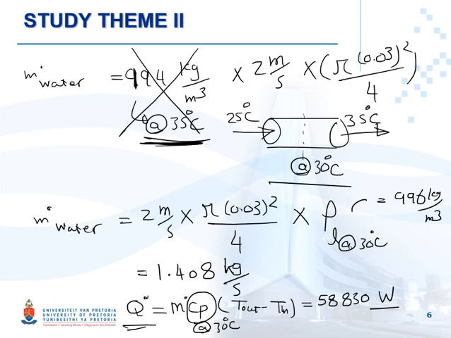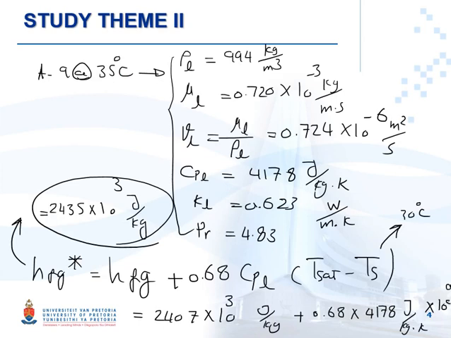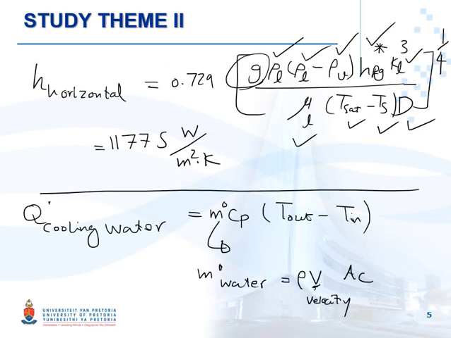But in this specific case, we didn't waste our time, because at the end we can see that we really needed to calculate this H horizontal, or condensation heat transfer coefficient. But in this case, you need to be really careful.